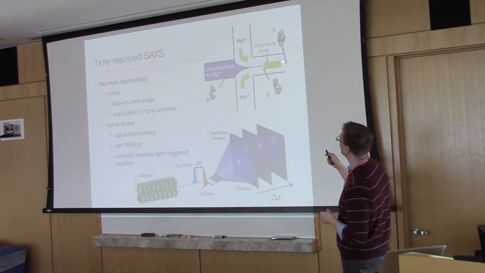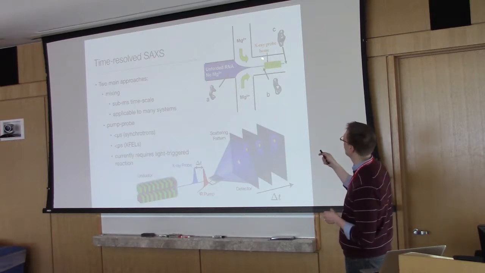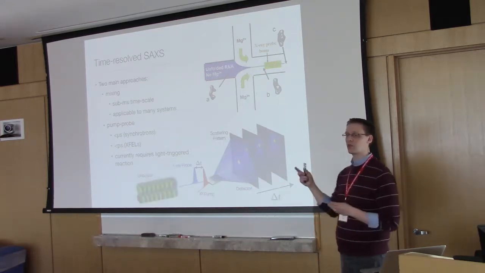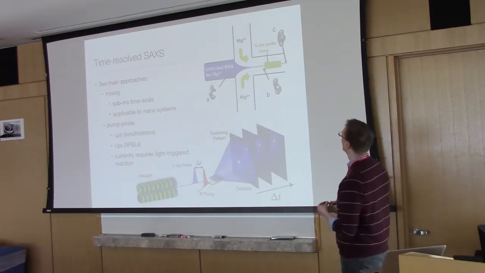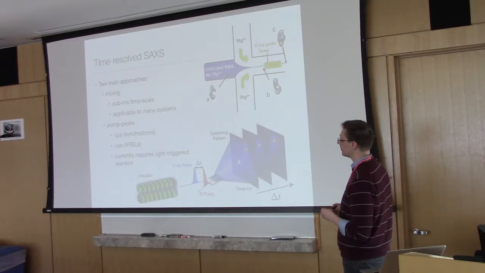And so you look at different points with different probes, and as you go from point A to point B, you assess scattering profiles as a function of time. You're sort of translating space into time. And so you can see that you can watch it fold over time.